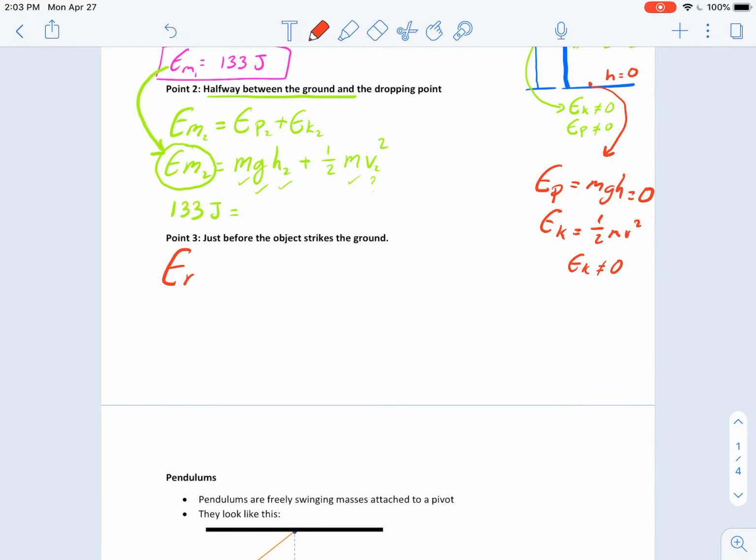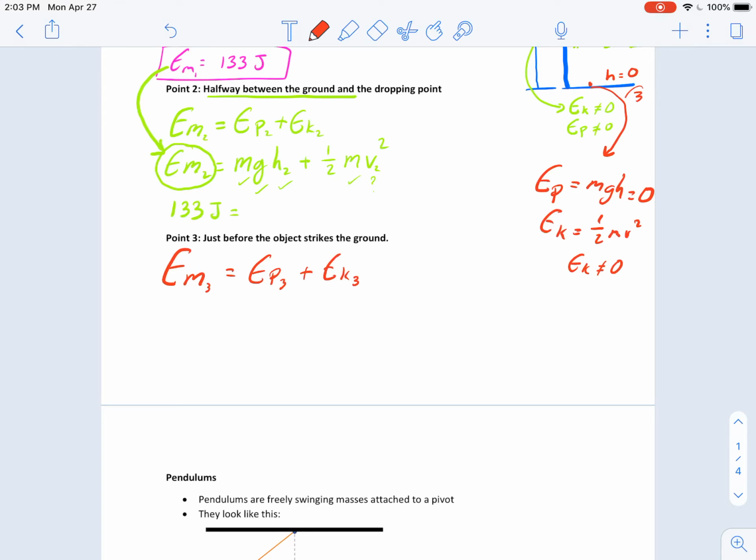So our EM, well, sorry, this is actually 3. EM3 is equal to EP3 plus EK3.